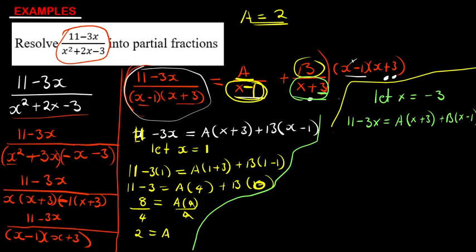So I'll have 11 minus 3 times negative 3, equal to a times (negative 3 plus 3), plus b times (negative 3 minus 1). Meaning you have 11, then 3 times 3, so both of them would be 9, which gives 20.